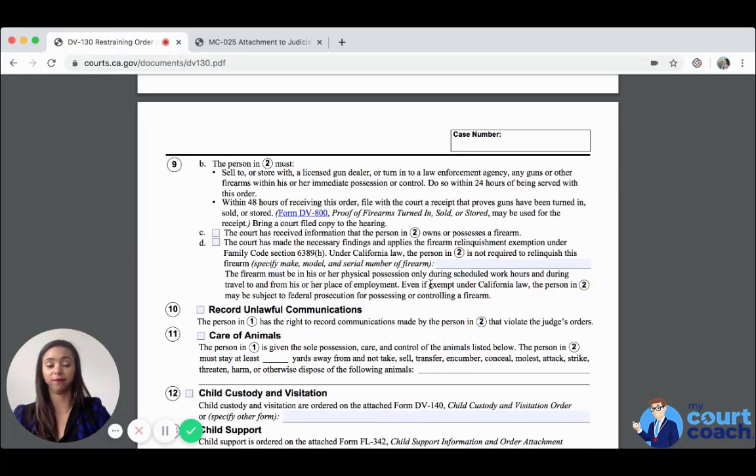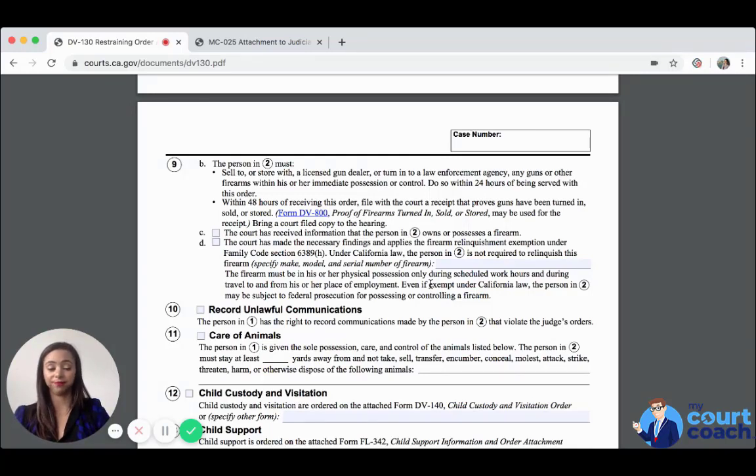And so, as we stated in earlier videos, the Family Code Section 6389(h) is only for peace officers or law enforcement officers, and if they have already gone through some sort of evaluation that would allow them to keep their firearms as part of personal safety and in their job, then the court can exempt them.